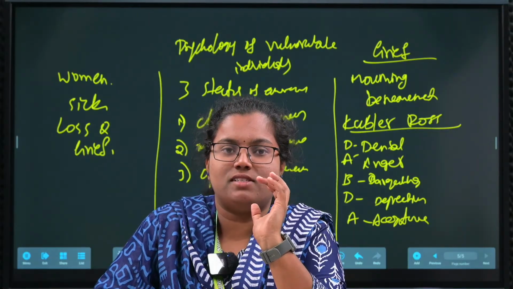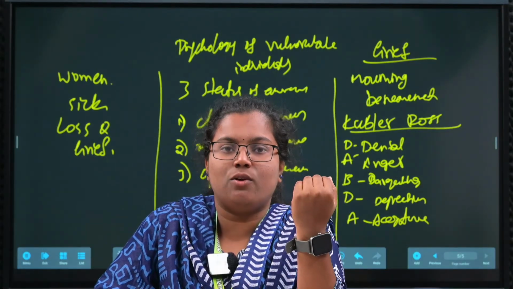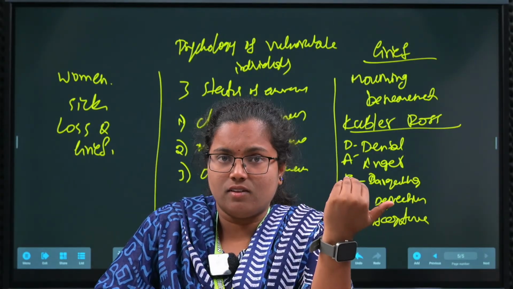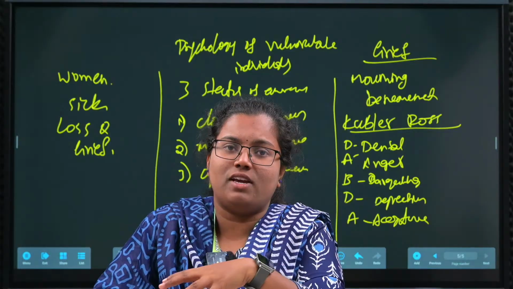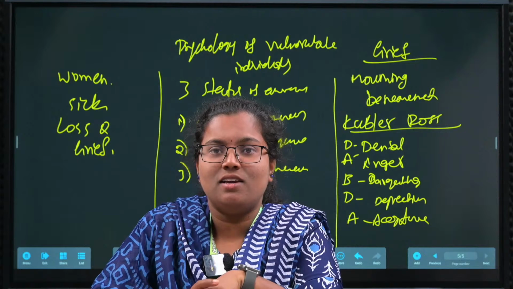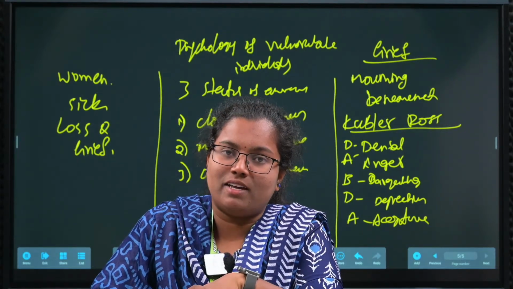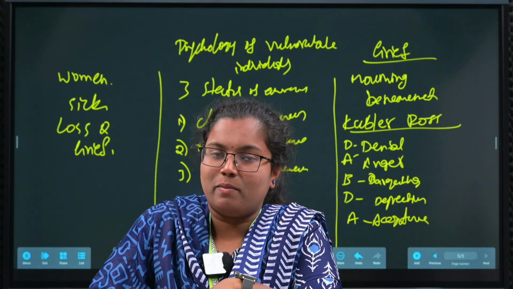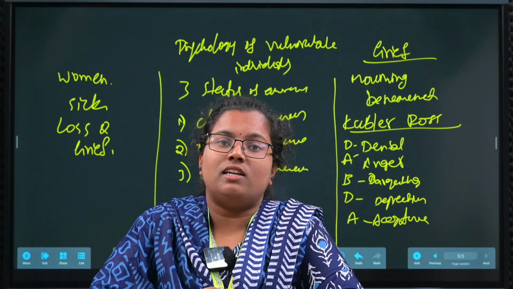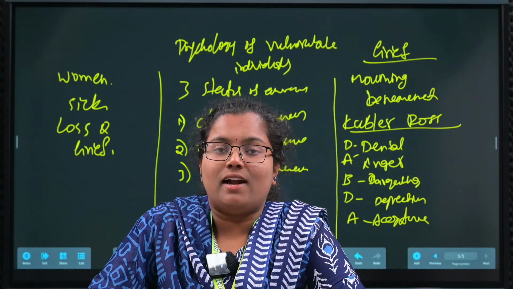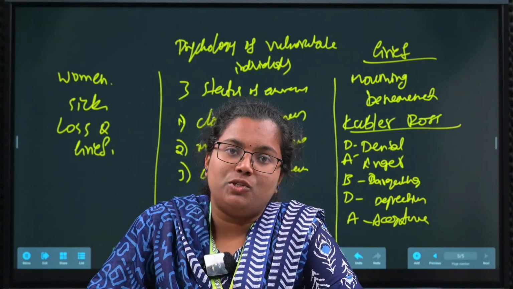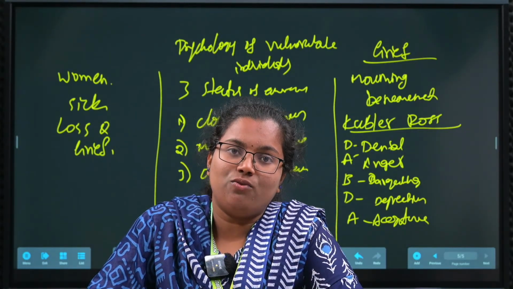So far we have discussed these stages, the Kubler-Ross 5 stages. This is about developmental psychology. So far we have discussed introduction to growth and development, physical development across the lifespan, cognitive development, psychological development across the lifespan, psychological needs of various groups, introduction to child psychology, and psychological needs of vulnerable groups.